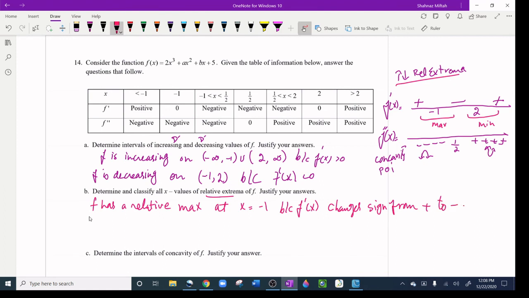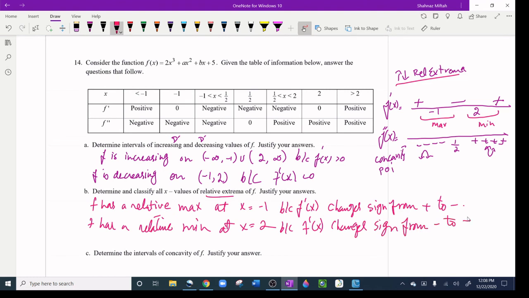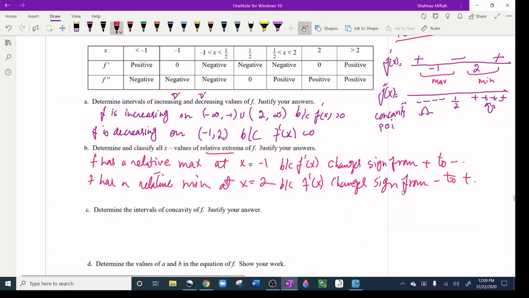Done. F has a relative minimum at x equal 2 because f prime x changes sign from negative to positive. Okay, done with that question.